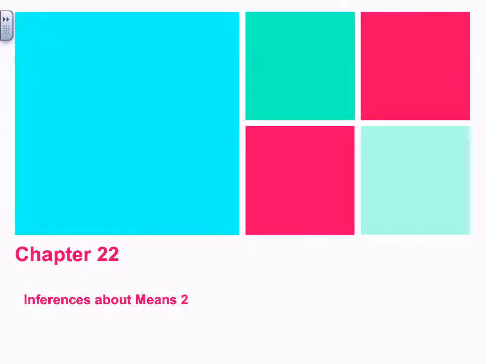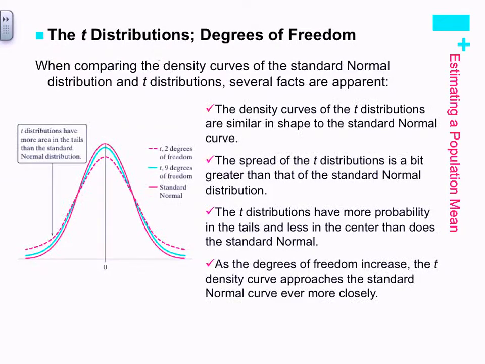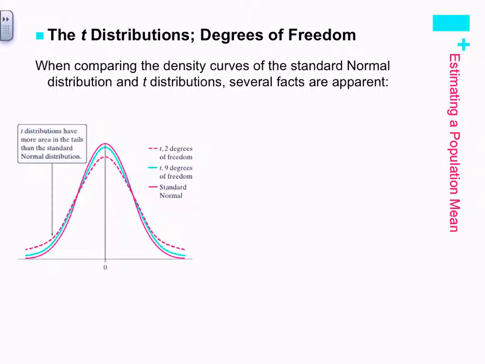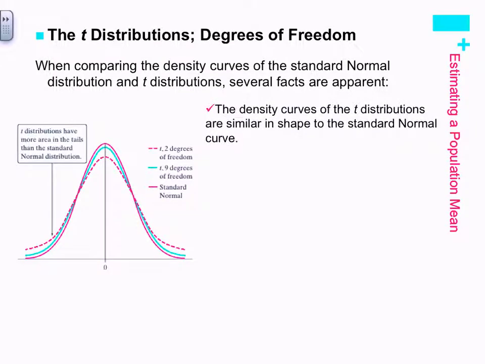Okay. So one more quick slide and we'll be done with this. So when comparing the density curves of the standard normal distribution and t-distribution, several facts are apparent. Here are three distributions. You have your standard normal curve. In purple, you have your t-distribution with 2 degrees of freedom, and your t-distribution with 9 degrees of freedom in that bluish color.